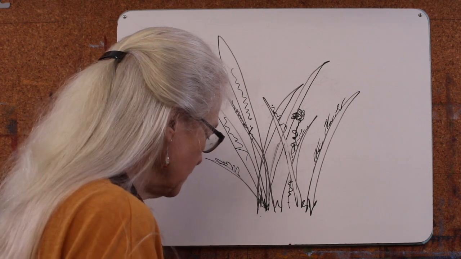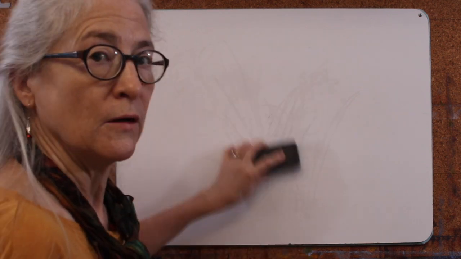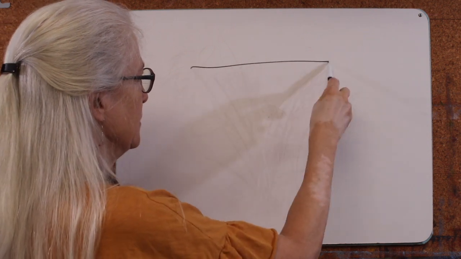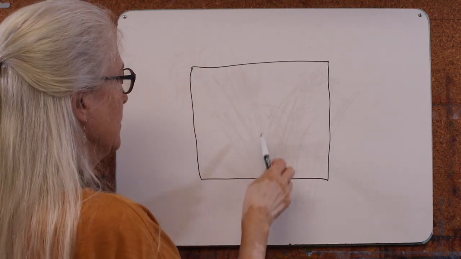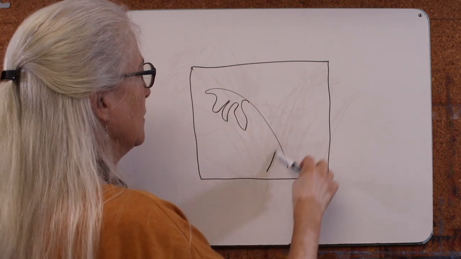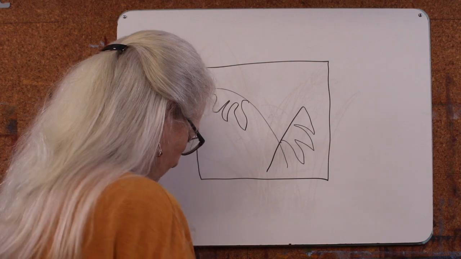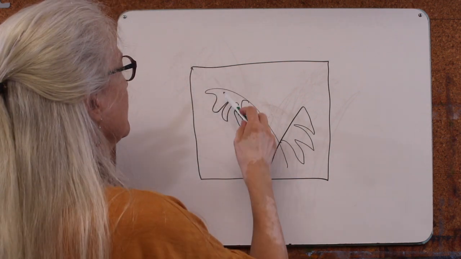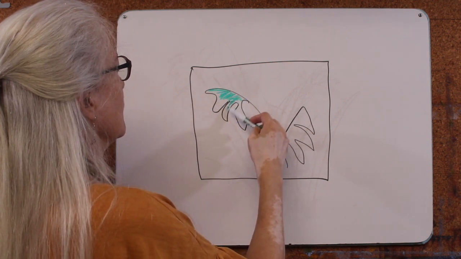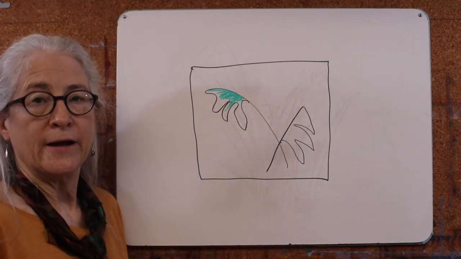Now, I want to bring in color, a little bit of color, just so that you can see it. If we have, I'm going to do this, actually create a frame for this one. If we have your eye goes to that green.